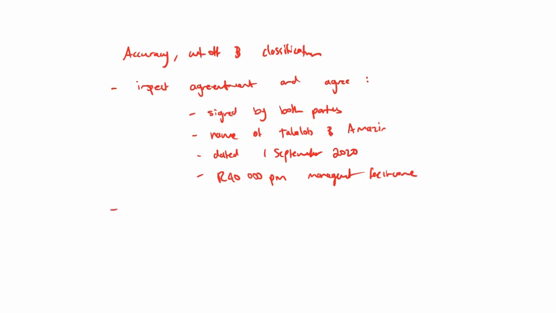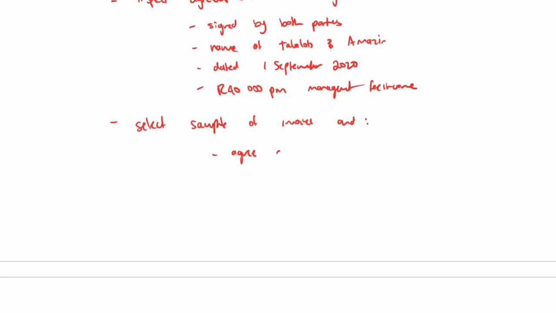Then I can go and select a sample of invoices and agree the amount to the agreement. It's 40,000. I can go and recalculate and cast the invoice.